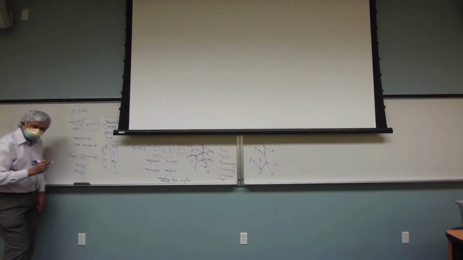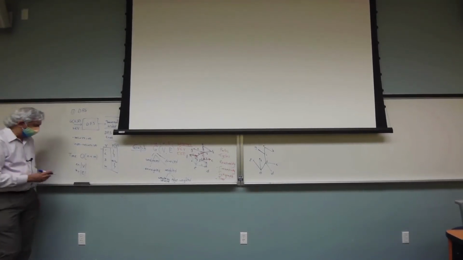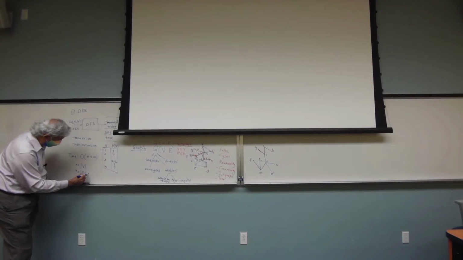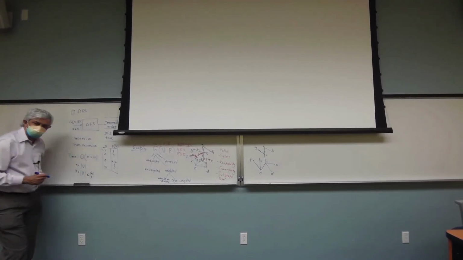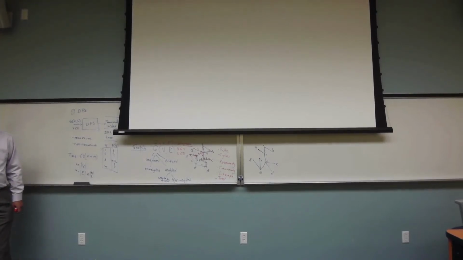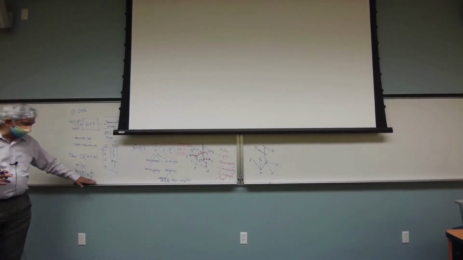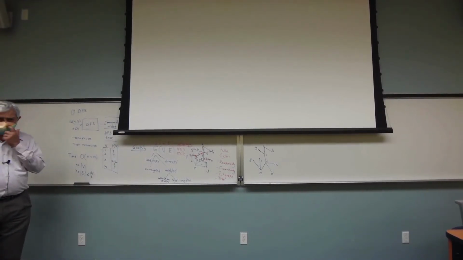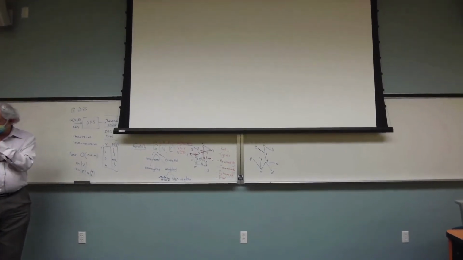So m is the size of E. And by the way, m here is always less than or equal to n choose 2 because we don't allow multi-edges, we don't allow self-loops. So this is the maximum number of edges that are possible if you have n vertices. Is that clear?